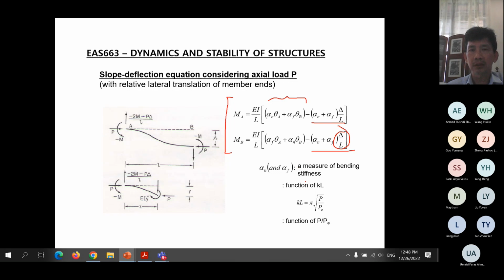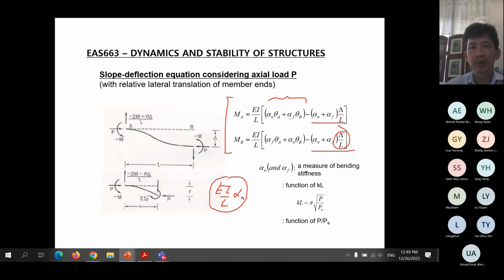Now, alpha n and alpha f are coefficients which affect the stiffness. It is a measure of bending stiffness. EI over L is a kind of bending stiffness, and it is multiplied with alpha n.